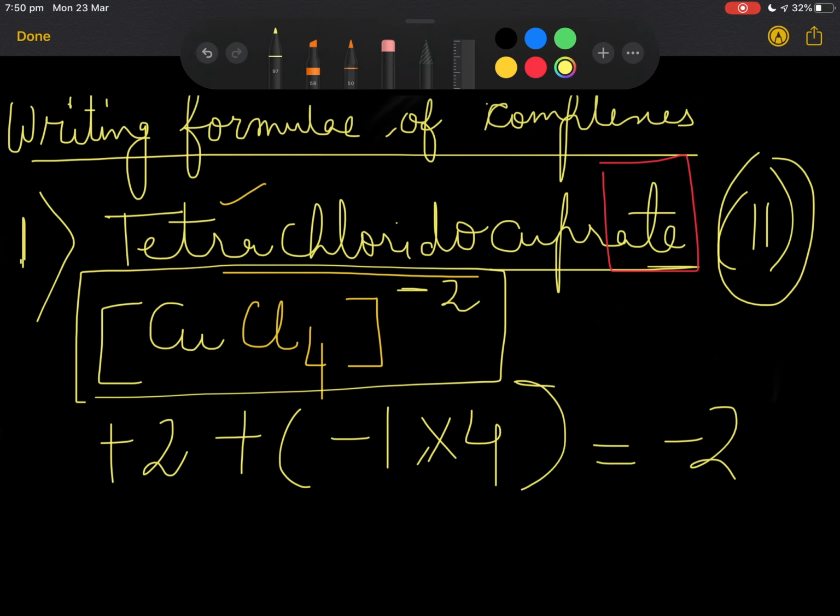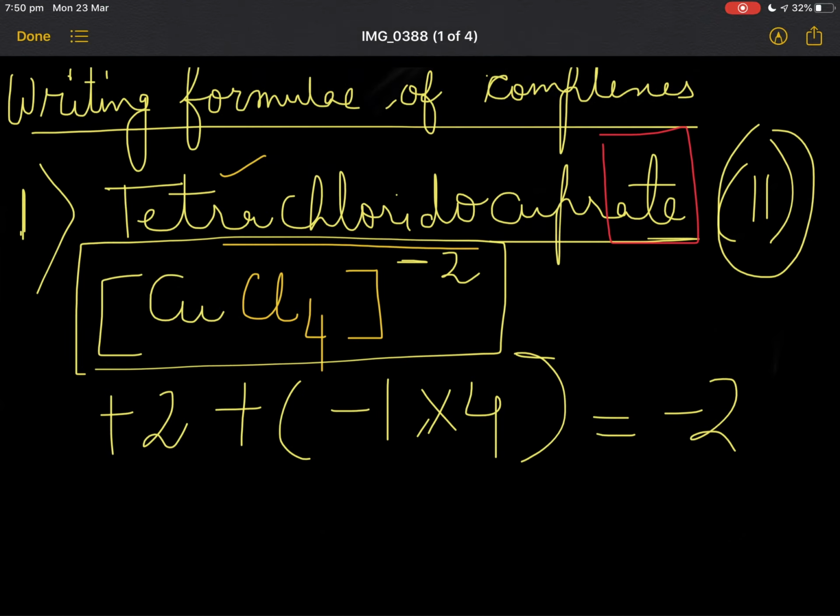Let me take another example for you. For that I have to go to the next page. Here I go. Next example, let me take something different for you. Okay, fine.